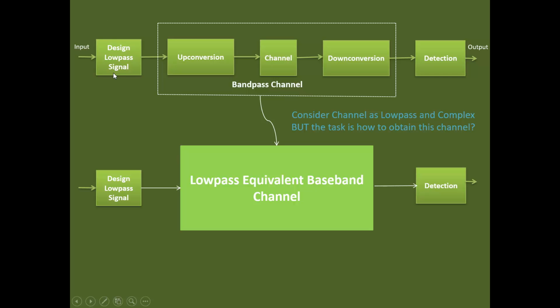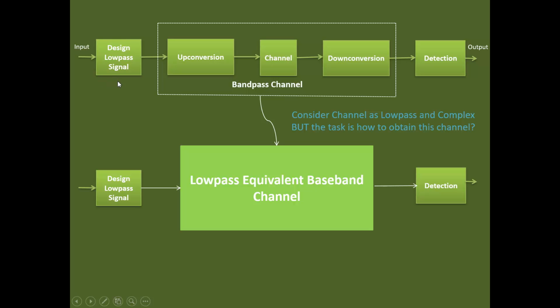Now, if you see this diagram, it explains that we have to first design the low pass signal. That means this signal will correspond to the modulating signal, the output coming from the sensor and the source, right? So you design it, and that will be a low pass signal.